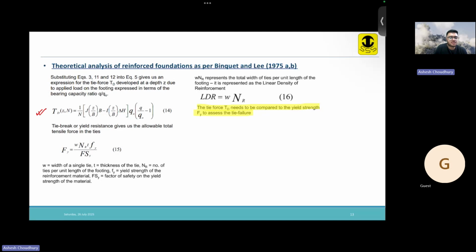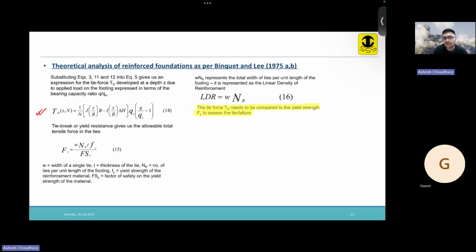W is the width of a single tie, T is the thickness of the tie, NR is the number of ties per unit length of the footing, Fy is the yield strength of the reinforcement material, and FS is the factor of safety on the yield strength. Now W into NR represents the total width of ties per unit length of the footing, in the out of plane direction.